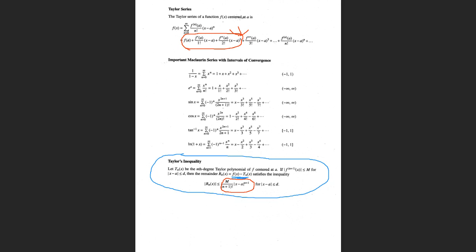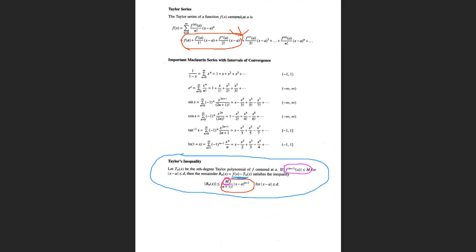It's the same kind of thing: we want an error bound on how well our Taylor polynomial approximates the function. Everything is fairly simple to find, but we need to know what M is. M is greater than the absolute value of the n plus first derivative of the function.